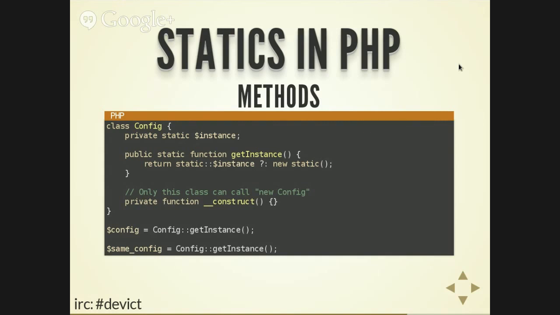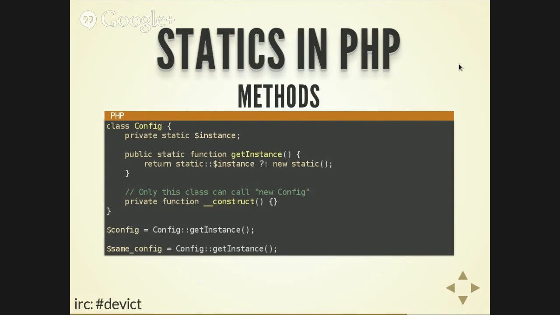If you're not familiar with this syntax, you might be familiar with the ternary shorthand operator, just like a one-line if. This is even shorter. This is the Elvis operator, because it kind of looks like the curly hair. So with this syntax, what it means is, do I already have an instance? Okay, just return it. But I don't? Oh, well, let's go ahead and make one.